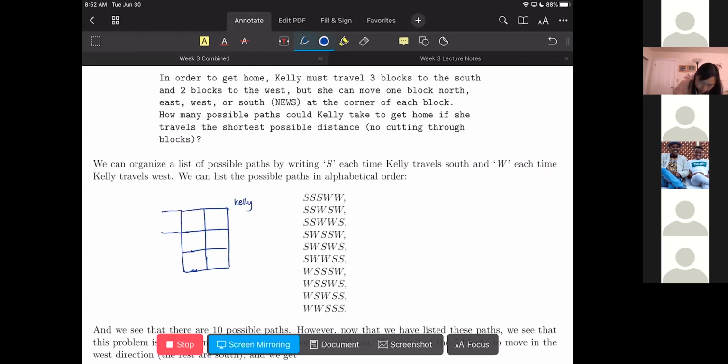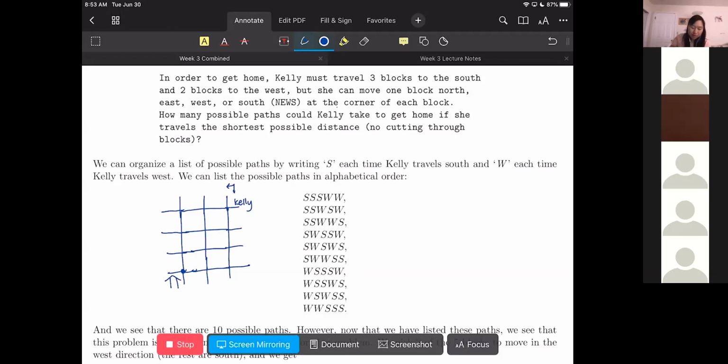And the grid keeps going. This way is west, this way is south. So if Kelly has to travel 3 blocks south and 2 blocks west, then her home is right here. Did I draw that out right? Any questions about that?